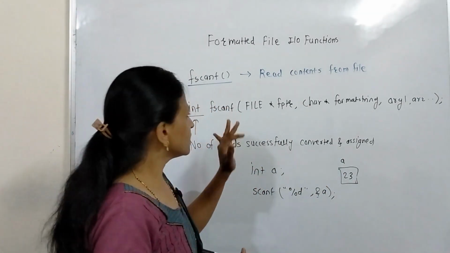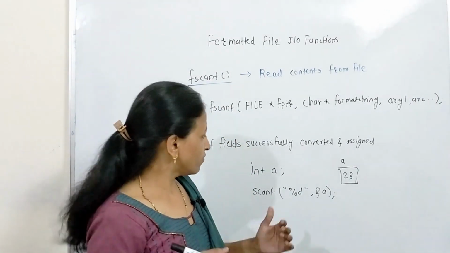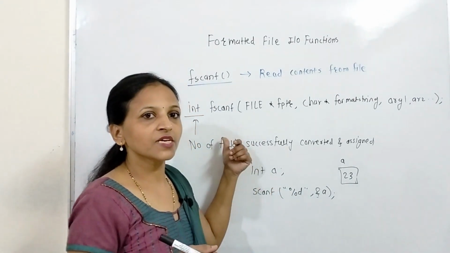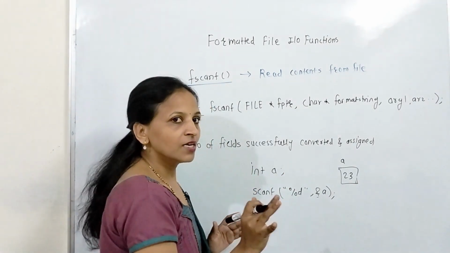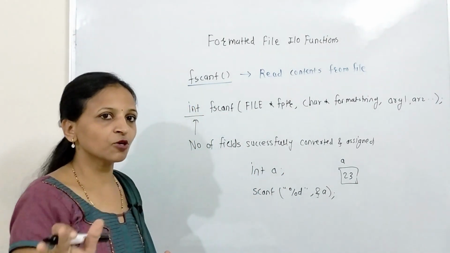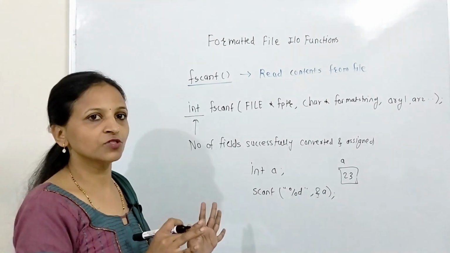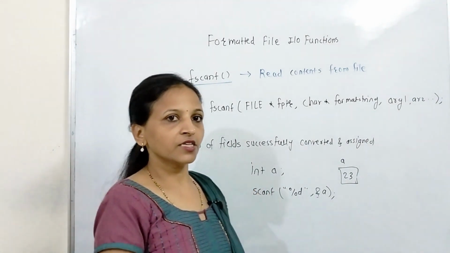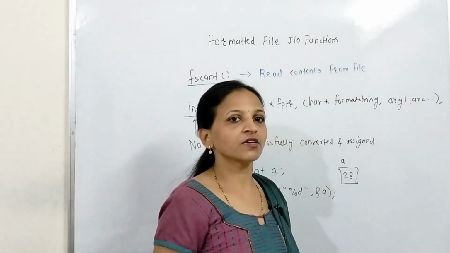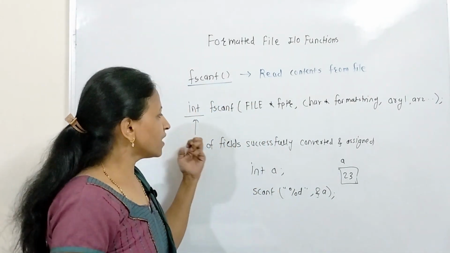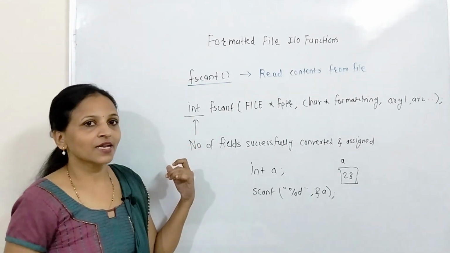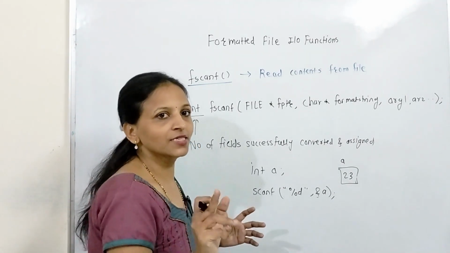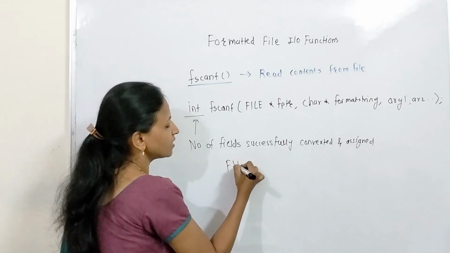Now the same thing applies to the fscanf function. Here we are reading from the keyboard, and the fscanf function we use to read something from a file. How to use it? We will use the same example of the customer.txt file. Let's say we have written the customer information to that customer file, and from that I now want to read something. Then we can use this fscanf function. Again we have to use the file pointer.